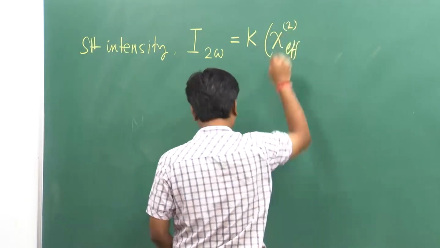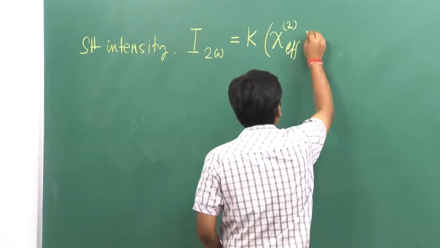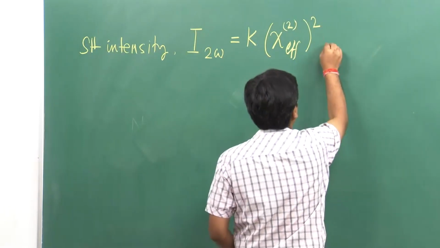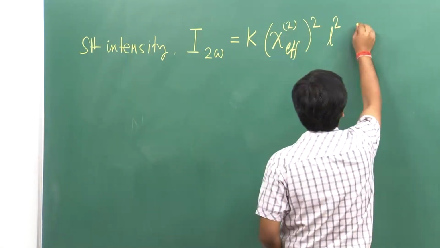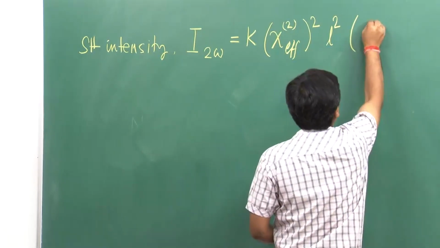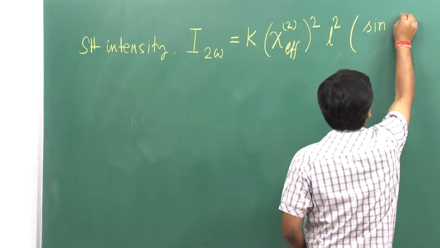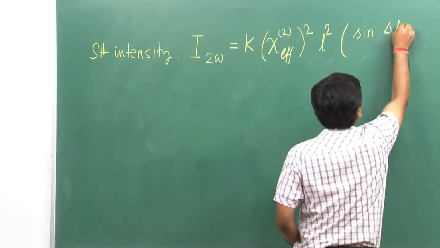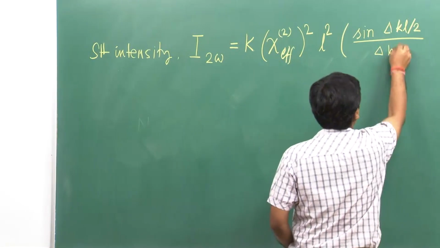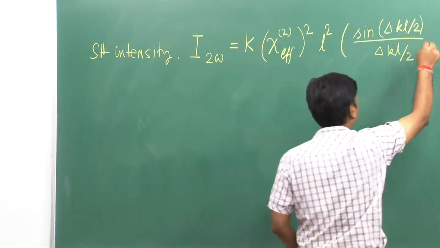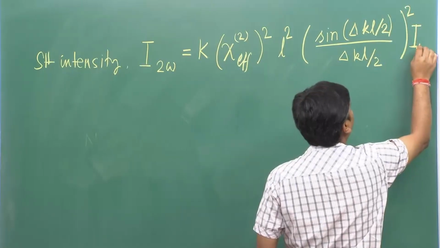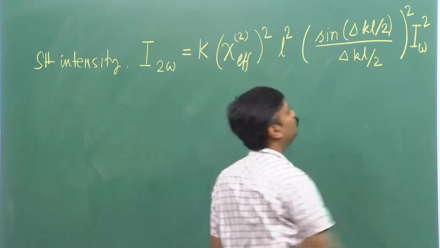This includes the second order susceptibility, the effective susceptibility, multiplied by the square of the path length of the fundamental light through the crystal, multiplied by the square of the incident intensity, which we write as I omega squared.